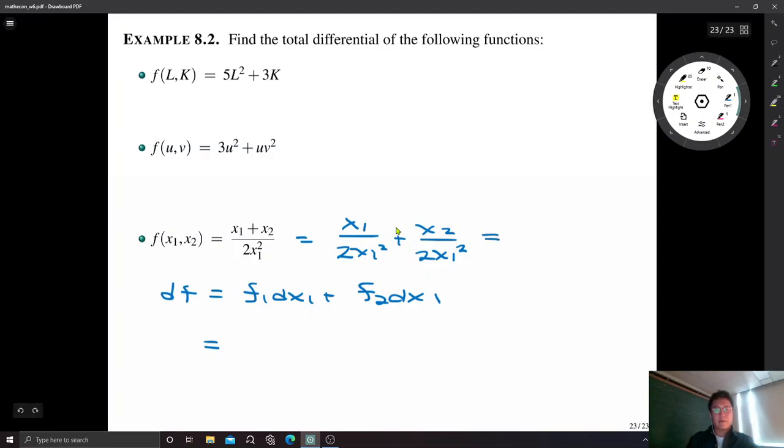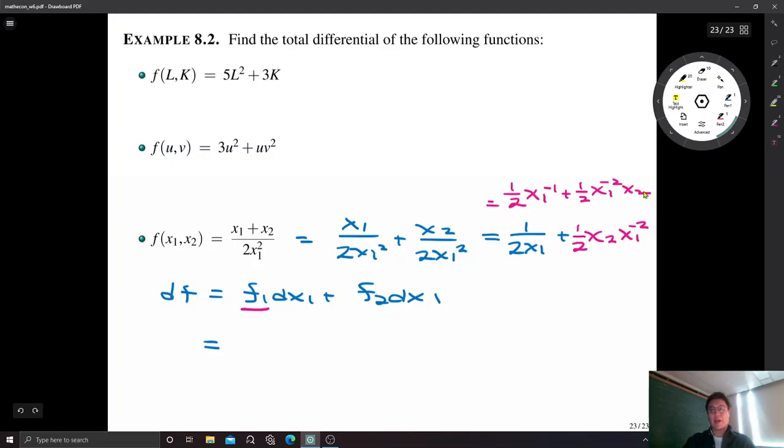Then I can rewrite the first term as 1 over 2x1, and then rewrite the second term as 1/2 x2 x1 to the power negative 2. Okay, and rewrite the first term as well: 1/2 x1 to the power negative 1.